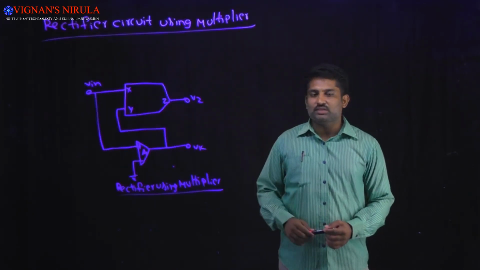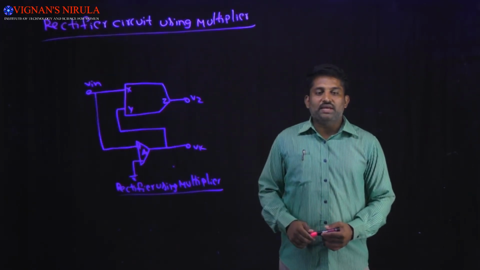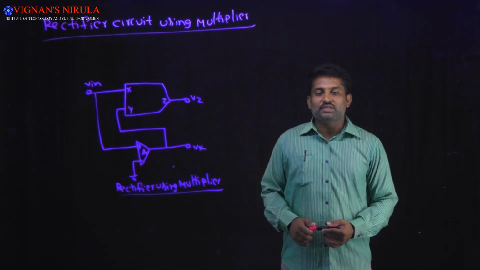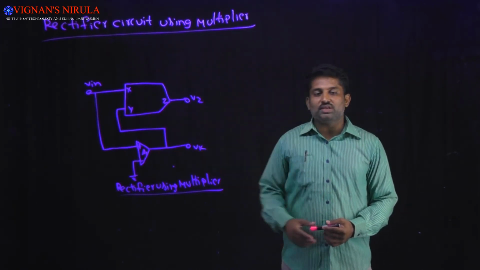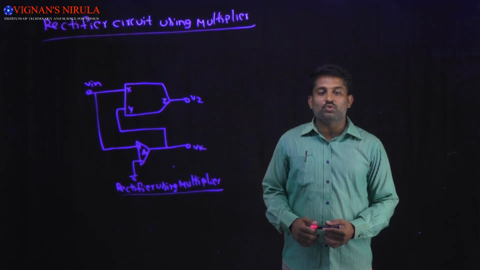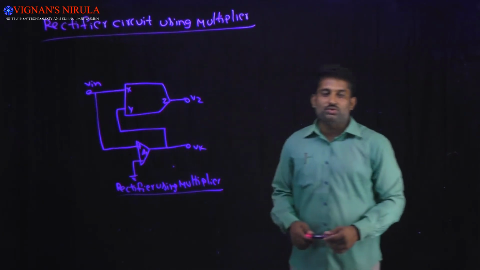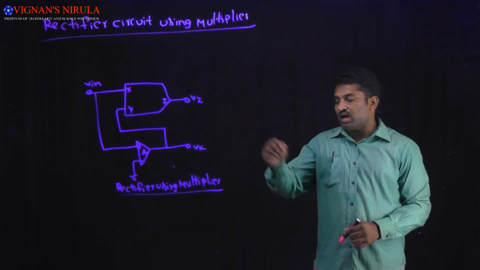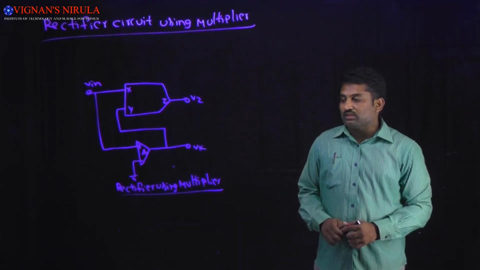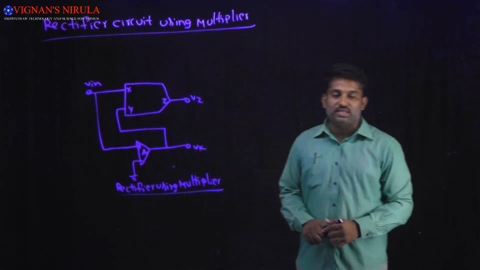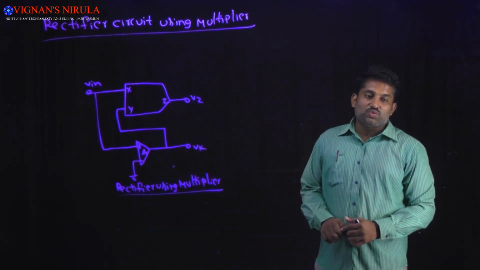The last application of the multiplier integrated circuit is the rectifier circuit using a multiplier. By using this circuit, we can generate a full wave rectifier. The op-amp A1 is used as a non-inverting comparator, and the output of the op-amp A1 is Vk, which is nothing but a square wave output.